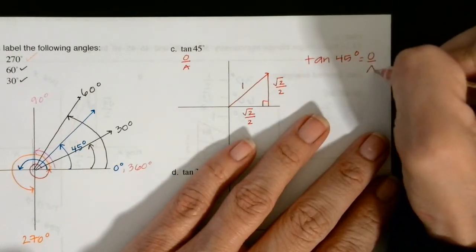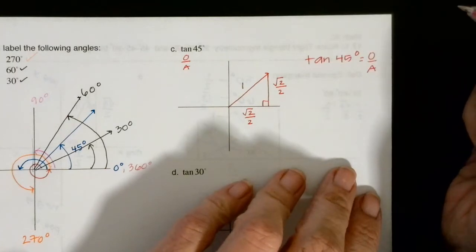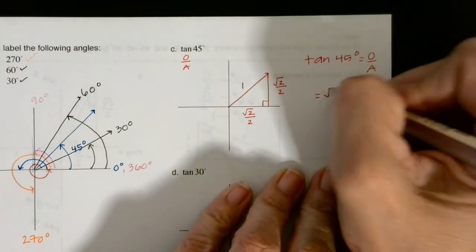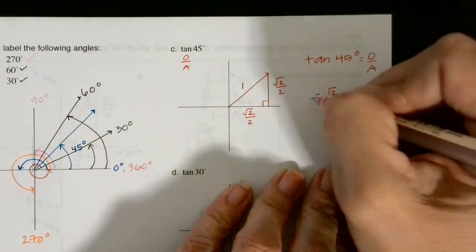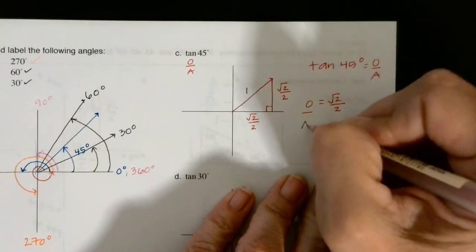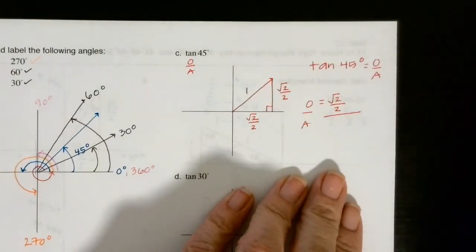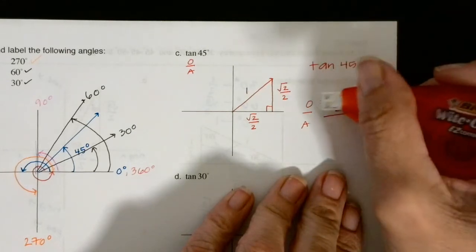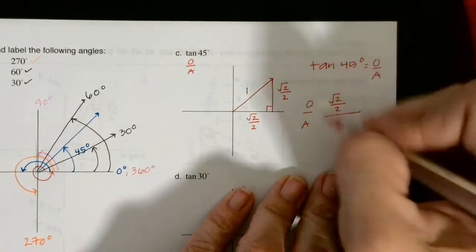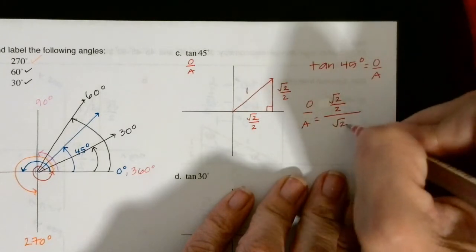opposite over adjacent. Oh no. So we get root 2 over 2 is the opposite. I'm going to move my equal sign. Sorry, it's driving me bonkers. And adjacent is root 2 over 2.